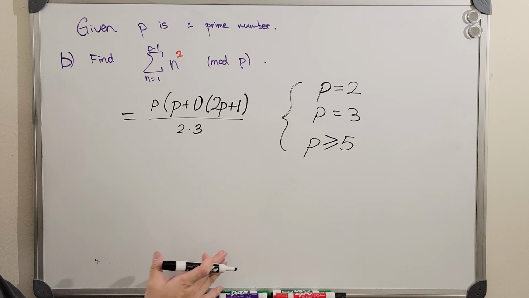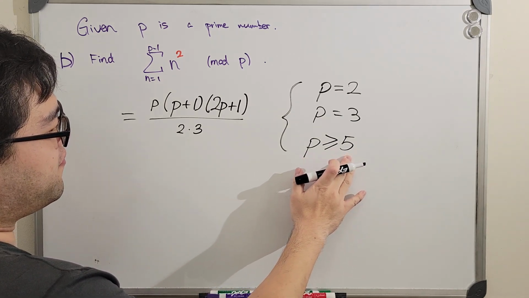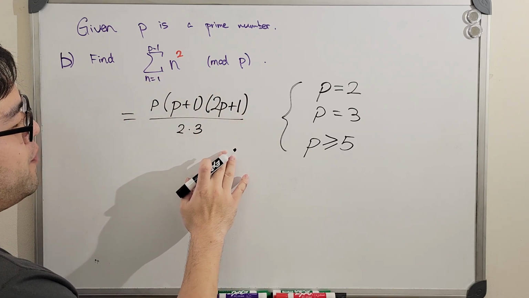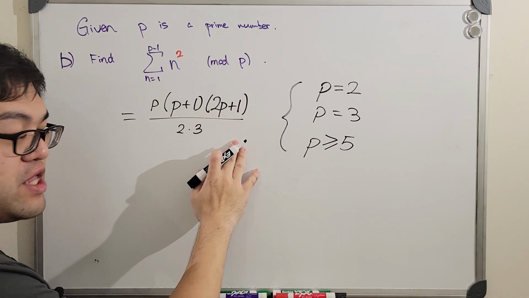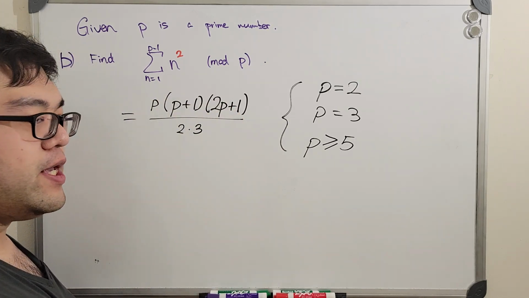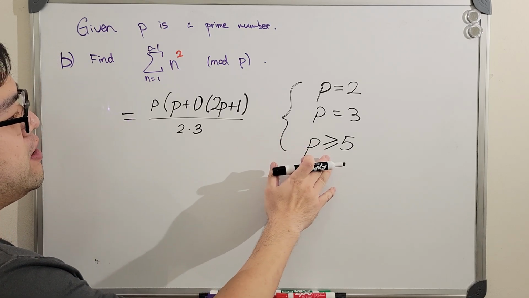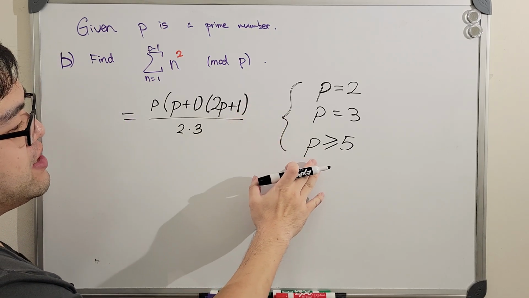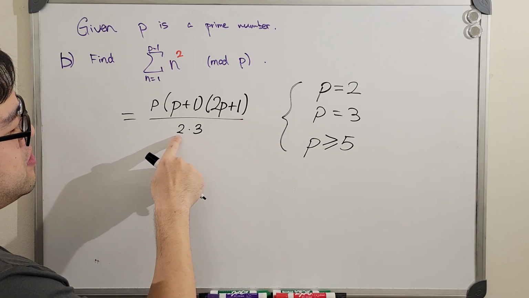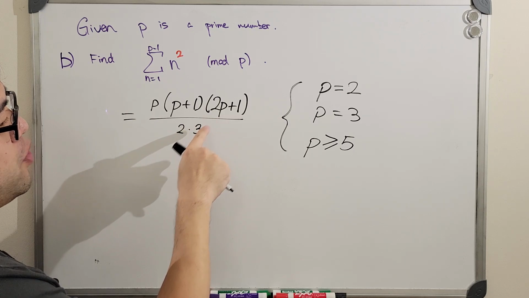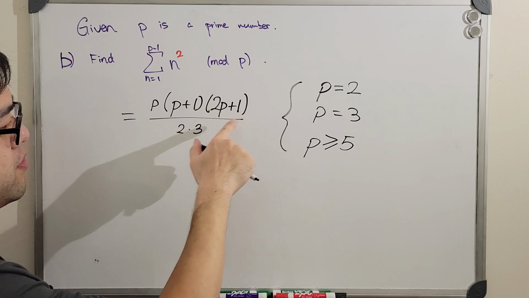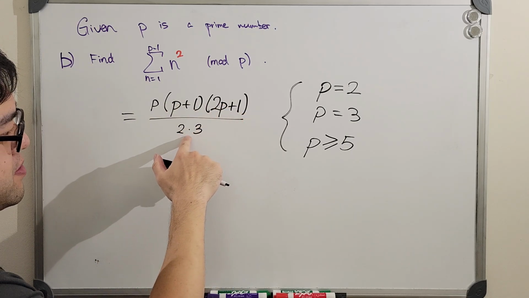So of course, when p is greater than or equal to 5, then we know that this part will be an integer, as we know from the formula, where p itself is a prime number that is not equal to 2 and not equal to 3. It means that the 2 and the 3 in the denominator will be cancelled out with the p plus 1 term and the 2p plus 1 term respectively, the two factors.